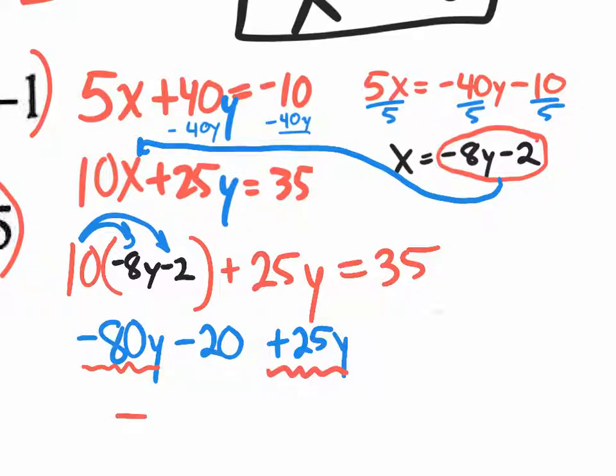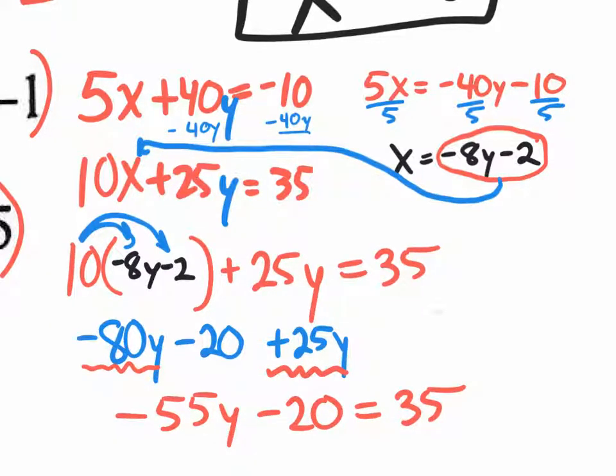And I will get negative 55y. Negative 55y. Let me rewrite the rest. Minus 20 equals 35. Wow, this is ugly. But let's keep going.